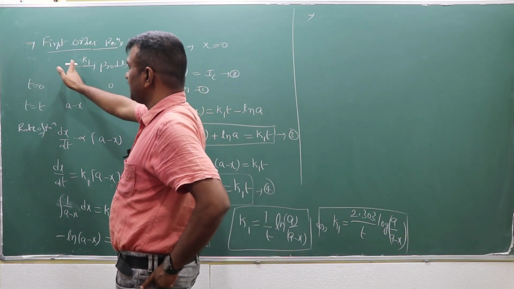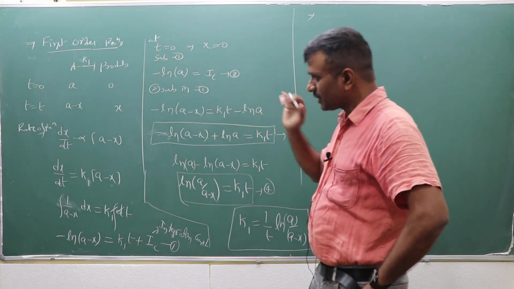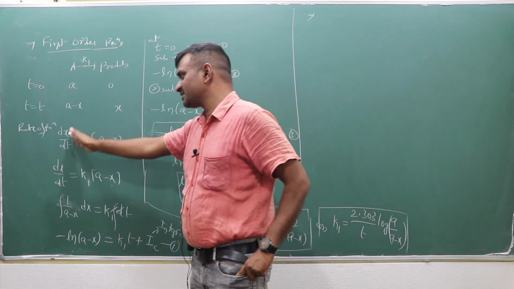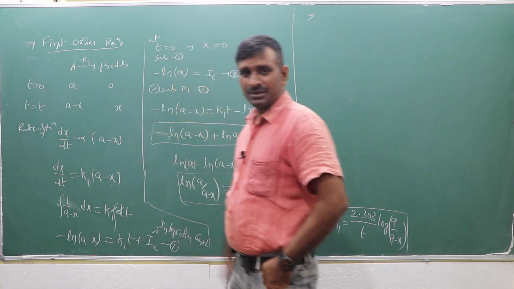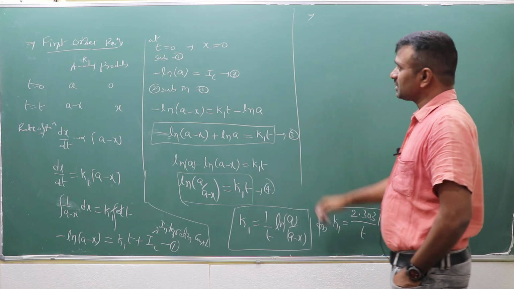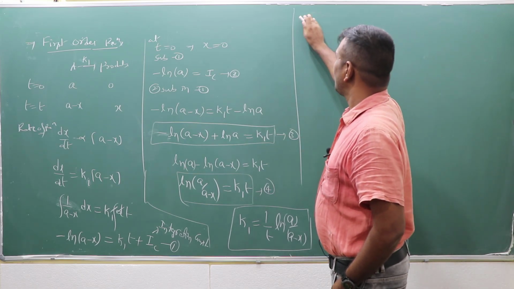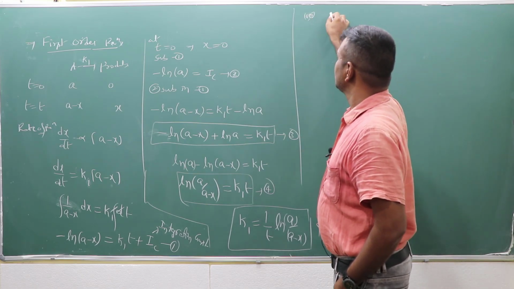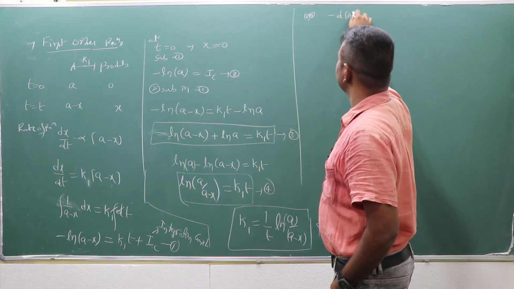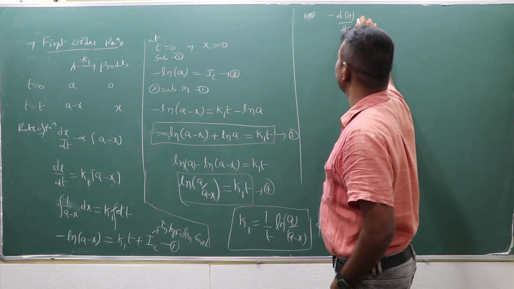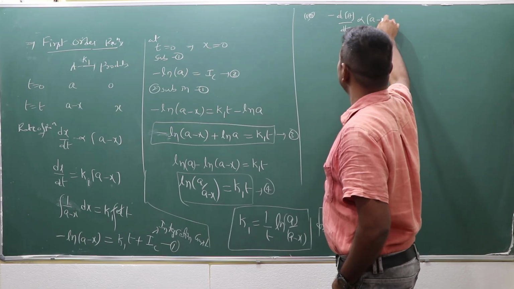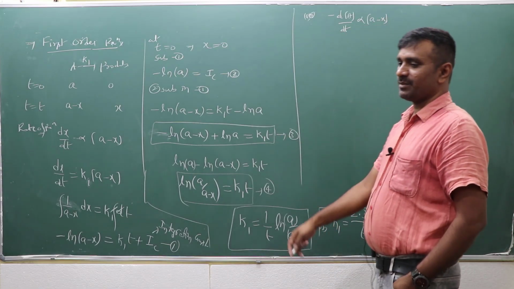Which one? In the case of the reactant molecule concentration, suppose we consider this generalized dx by dt, or another one, the specific part. The reactant molecule concentration A decreases with time t, and is directly proportional to the concentration of the reactant molecule A minus x.